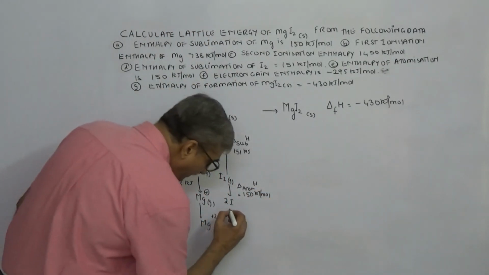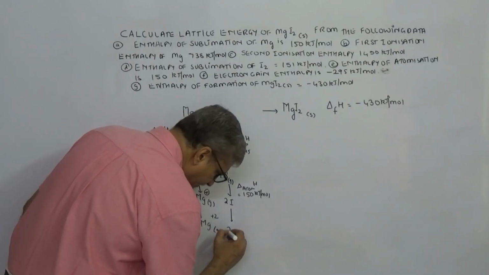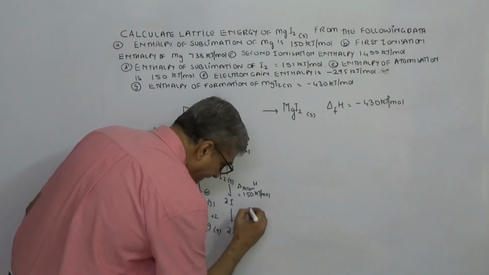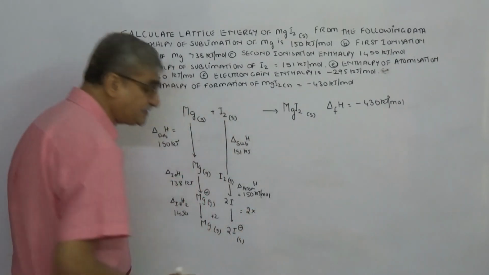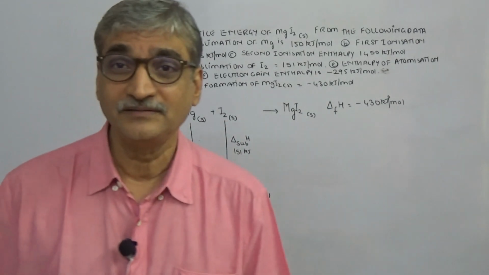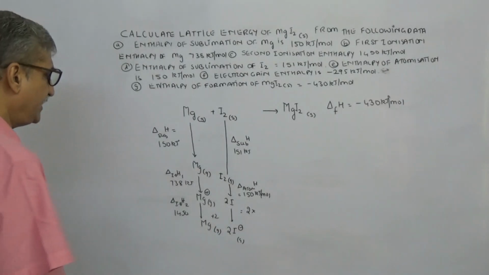Now this iodine atom is becoming 2I minus in the gaseous state. So this is twice the electron gain enthalpy, because electron gain enthalpy is for 1 mole, but we have 2 moles of iodine atoms.